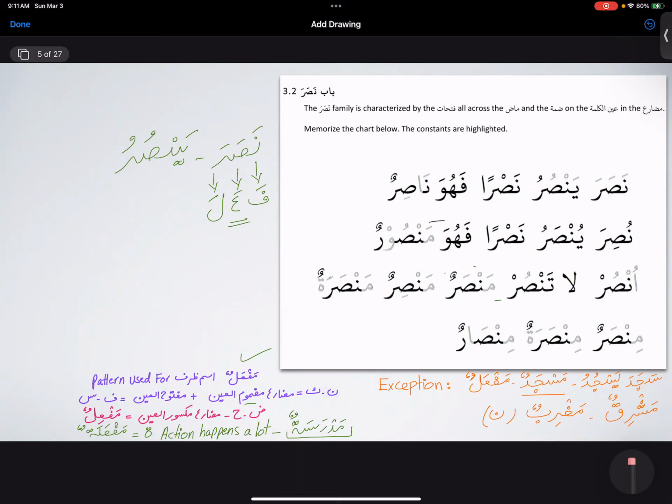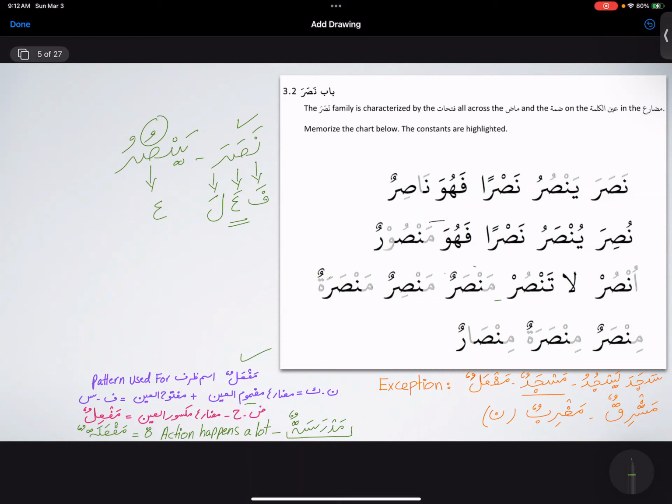Saad, right? This is my ayn kalima, and my ayn kalima is madmum here. It was maftuh over here and madmum over here. This is what it means, basically, dhamma and fatha.